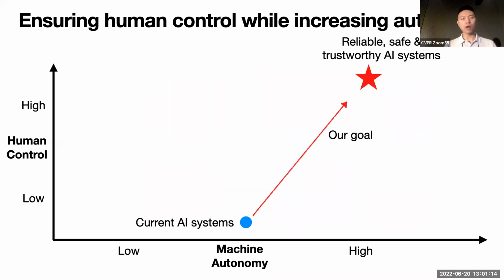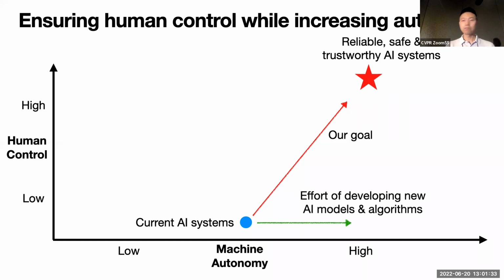I will argue that our goal should be to go from the current AI systems, which have medium machine autonomy and no human control, towards the upper right corner, towards reliable, safe, and trustworthy AI systems. There are two ways we can go there. One is to spend a lot of effort pushing the AI system horizontally, the effort we pay to develop new AI models and algorithms with higher performance on the benchmarks.